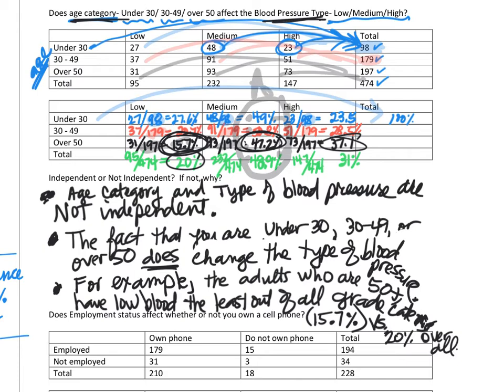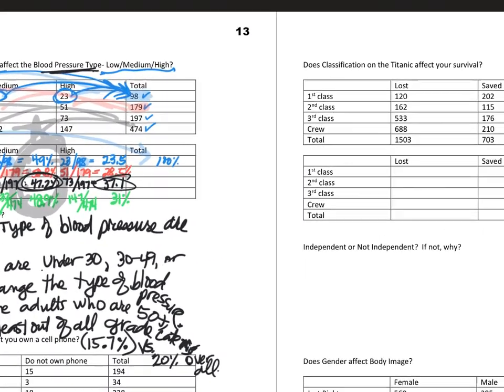So technically, overall, age categories are not independent of the type of blood pressure, but medium is. Medium blood pressure is independent because the fact that you are in one of these age categories is not changing the rate at which you have medium blood pressure. Okay? So very big key there.